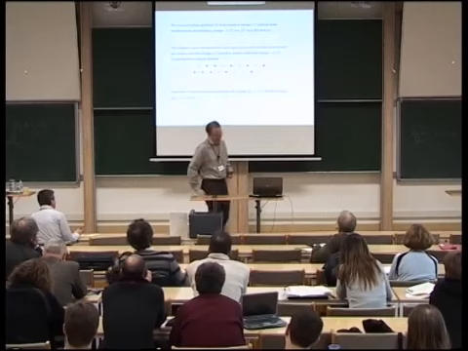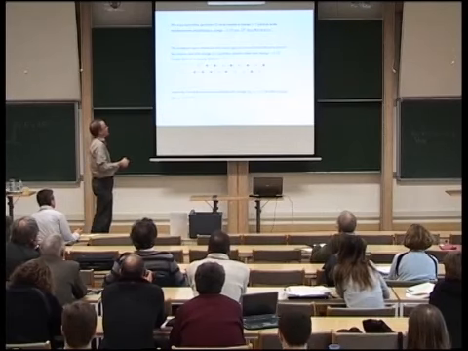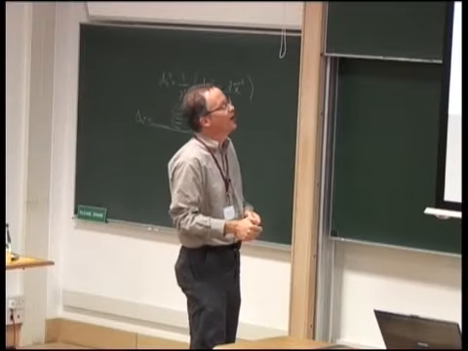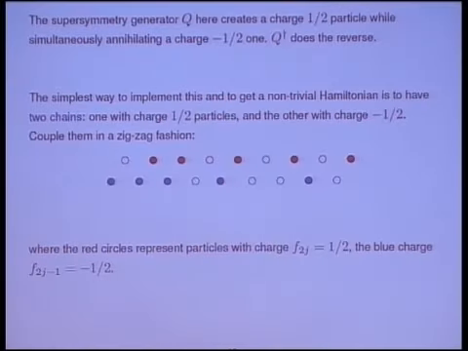So I will reiterate it in any case. Like I just said, Q creates a charge 1/2 particle while annihilating a charge -1/2. And again, you can concoct a variety of models to make a supersymmetric model. You just need to find a Q that squares to 0. That's actually easier said than done, but it can be done in many cases.